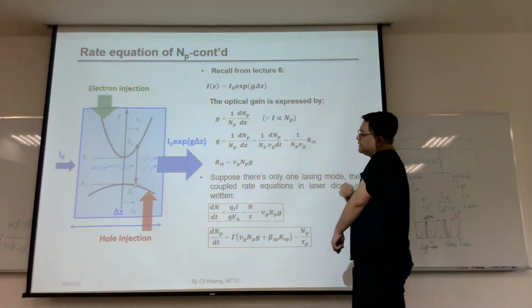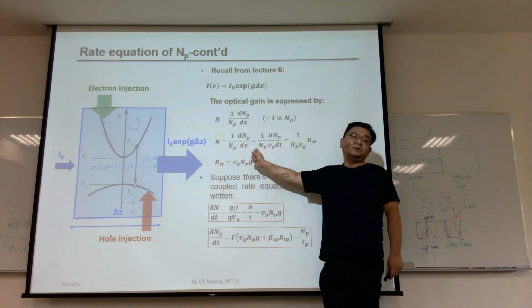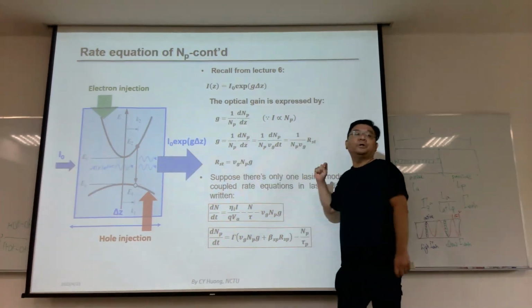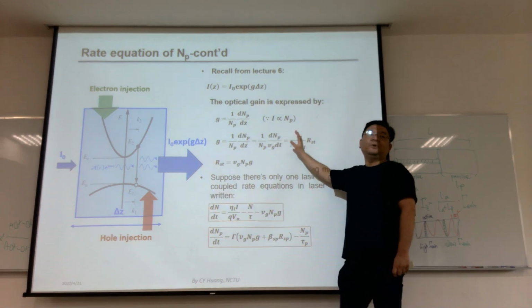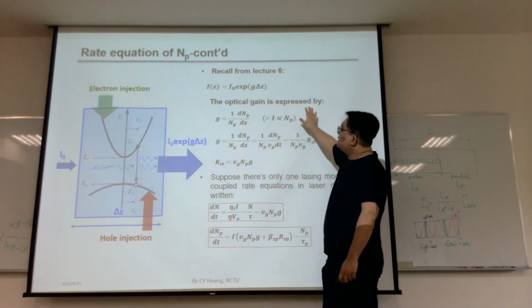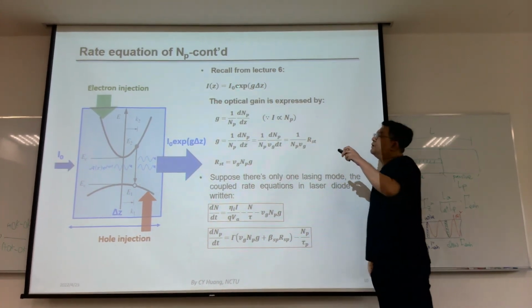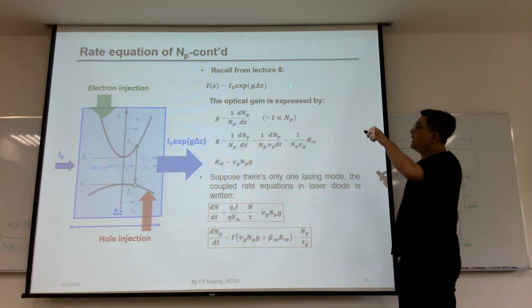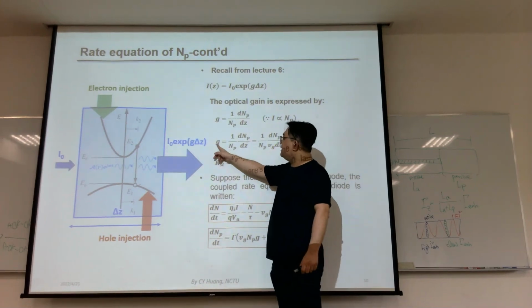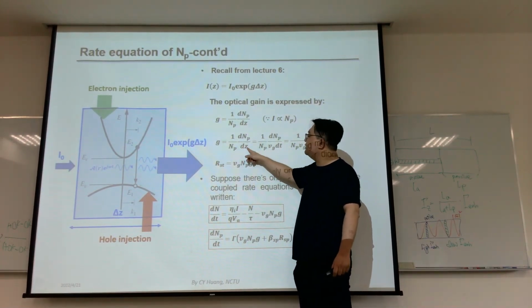so now we need to plug in the real expression of your stimulated emission to fulfill the rate equations for both carriers and photons. So let's start again. From lecture 6 we have the gain expression like this, and after some rearrangement, the gain should be 1 over NP times dNP over dz.